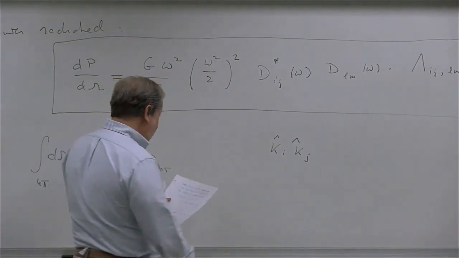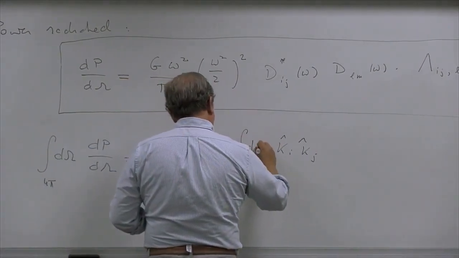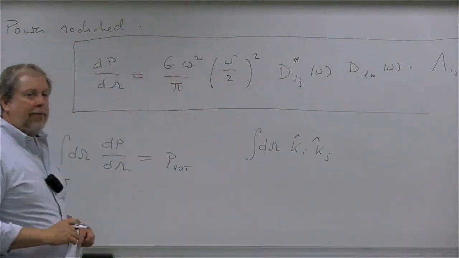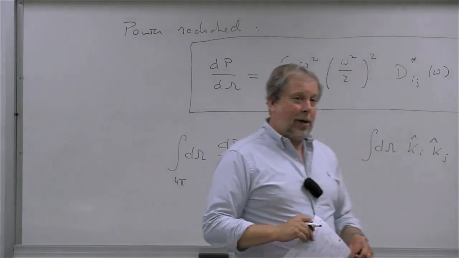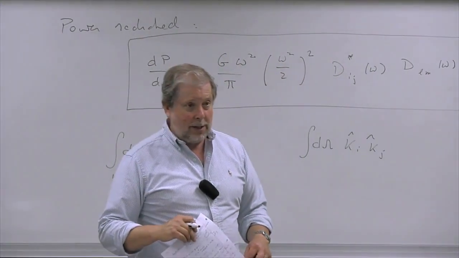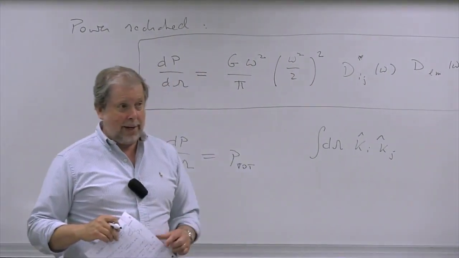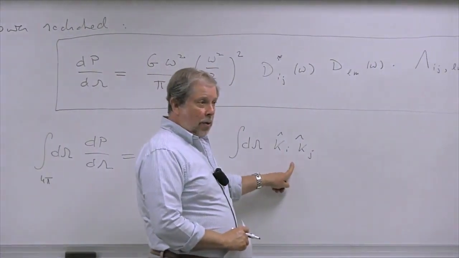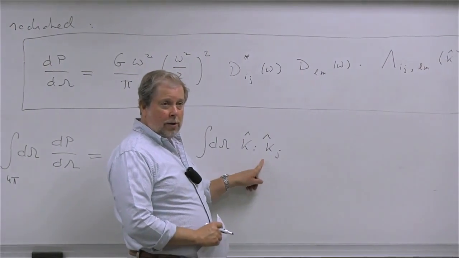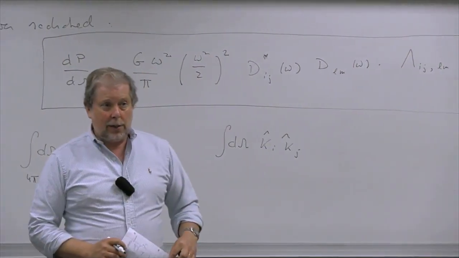And so now we integrate this over a solid angle, and that again is something that we do often in the electromagnetism class, and certainly the people that are in my quantum mechanics class have seen this a few times. And you find out that when you do an integral over angles like this, then the only chance that this thing is non-zero is when i is equal to j.